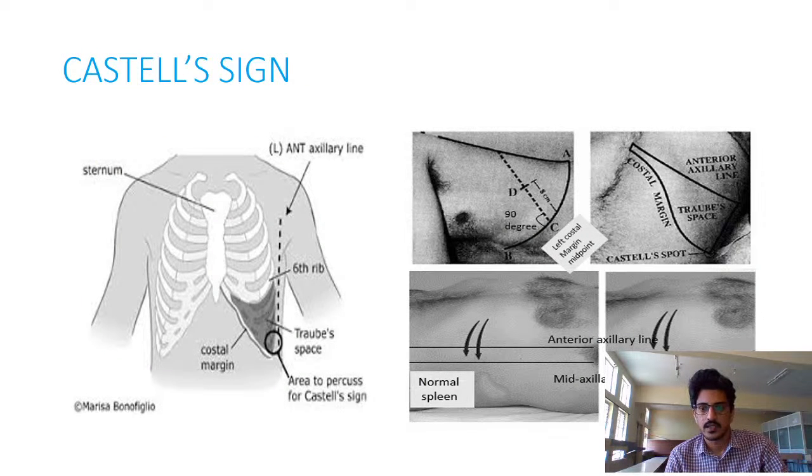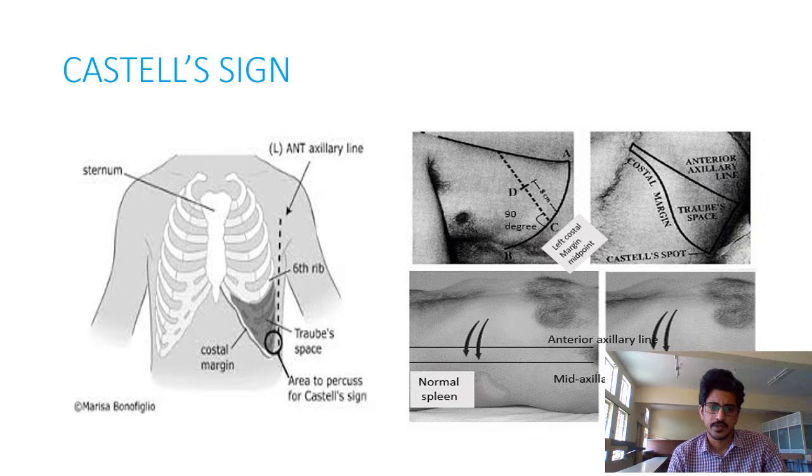The same thing you can see in this picture also, where normally the spleen is below the mid axillary line, and in case of enlargement, it crosses the mid-axillary line and comes to the anterior axillary line. So if you percuss over Castell's point, in case of an enlarged spleen, you feel a dull note.